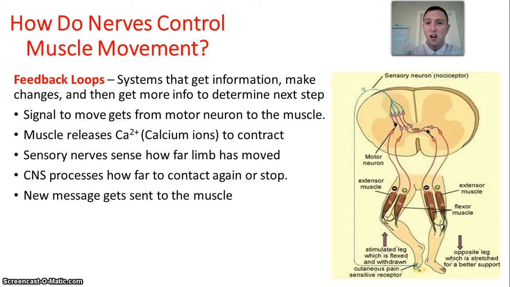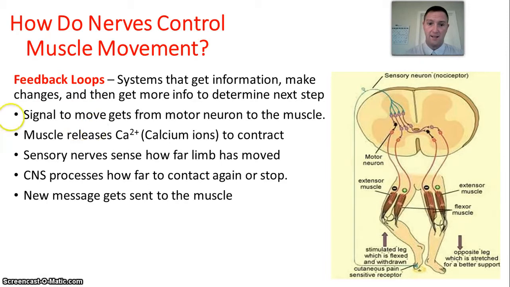But I want you to understand the general idea here that we have a signal to move from the motor neuron to the muscle. It says, I want you to contract. The muscle's going to release some calcium ions, Ca2+. Just like we talked about last lesson, ions, charged atoms, no big deal. But that's their signal. It's like, I see my signal, contract.